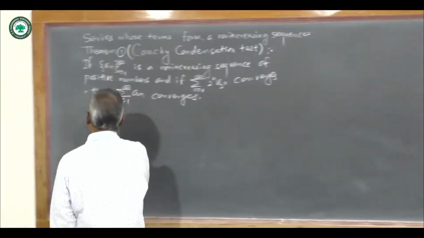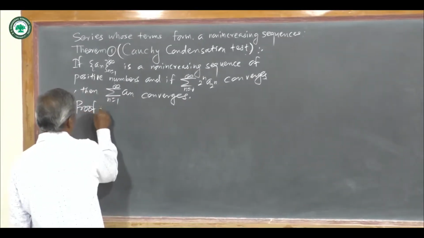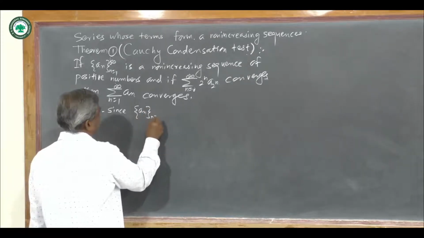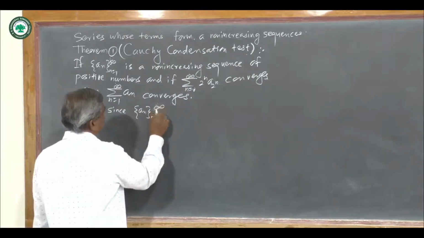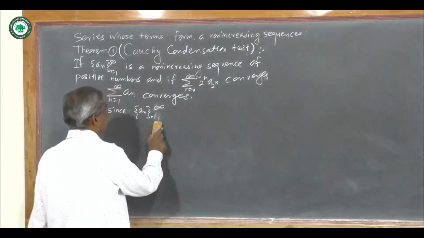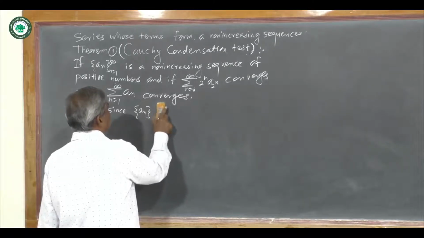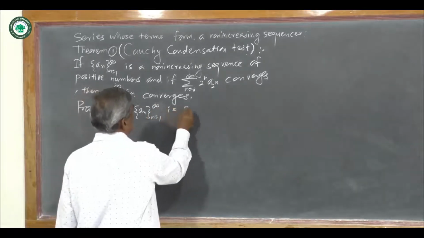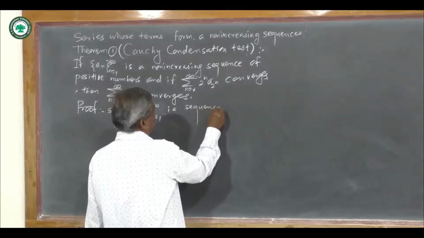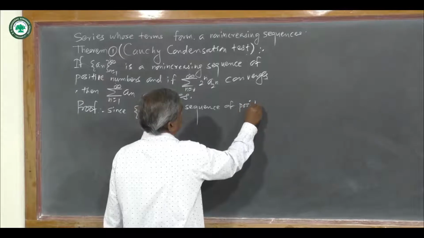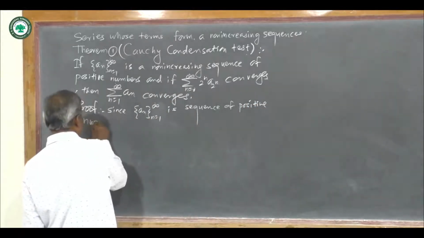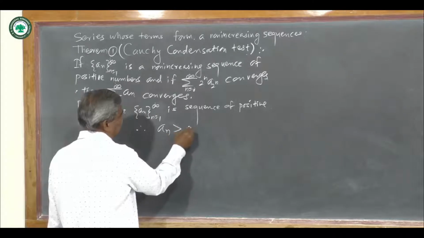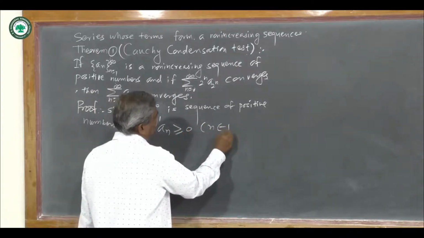Proof. Since the sequence a suffix n, n is equal to 1 to infinity, is a sequence of positive numbers, therefore a suffix n is greater than or equal to 0 for every n belonging to the natural numbers.